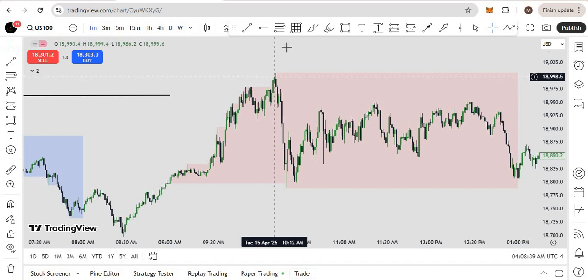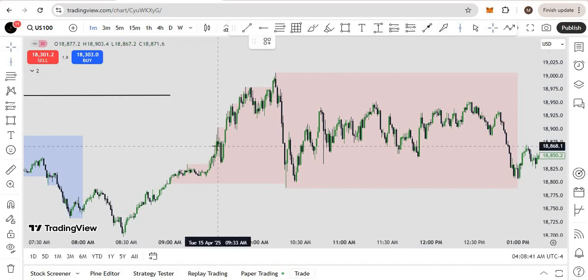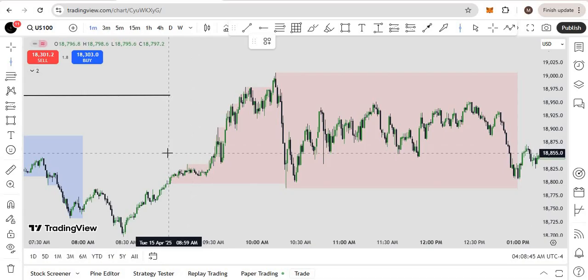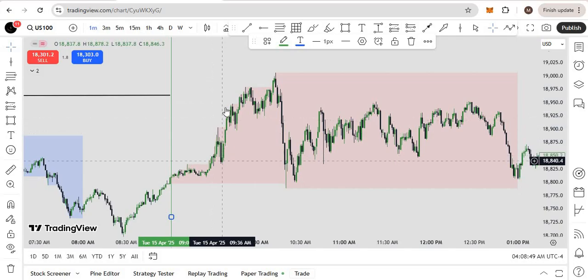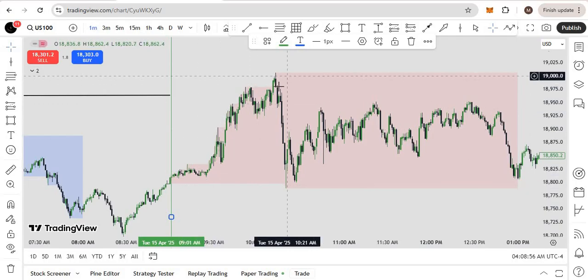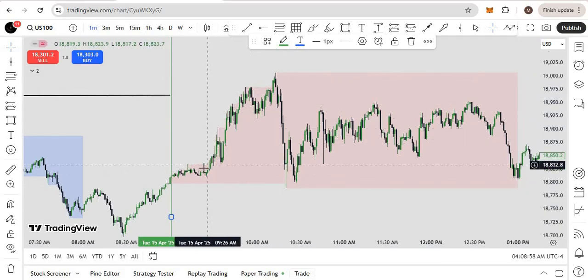Once price reached that area, as I told you in the previous video, I trade after 9. I could have taken the trade, but my bias was bearish, so I didn't touch anything on this price action. As you can see, it's also beautiful: a breaker block, fair value gap, reaching 1 to 2.